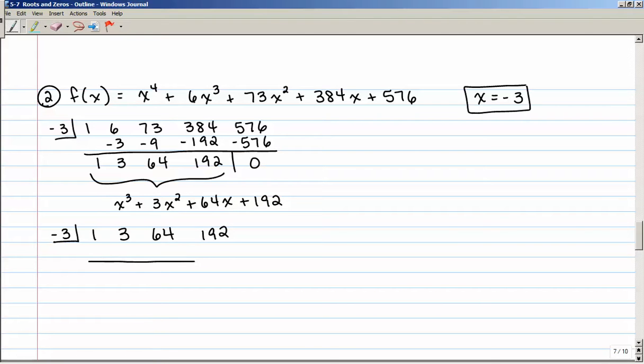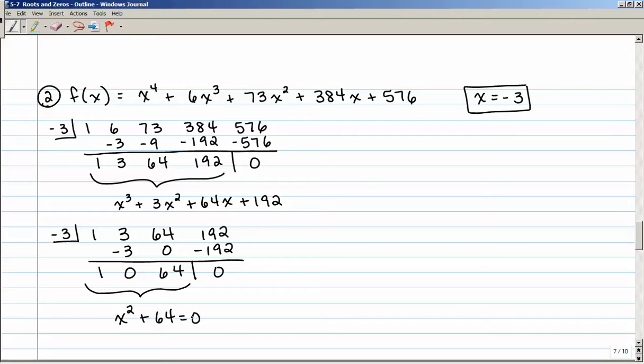And then we'll do synthetic division again. -3, 0, 3, 0, 64, and -192. My solution is 0. Since I started with an x cubed, this is going to be an x squared, so x squared plus 64, and that equals 0.